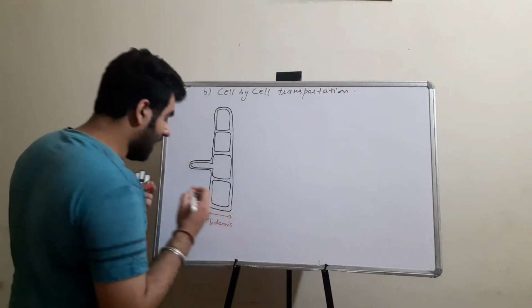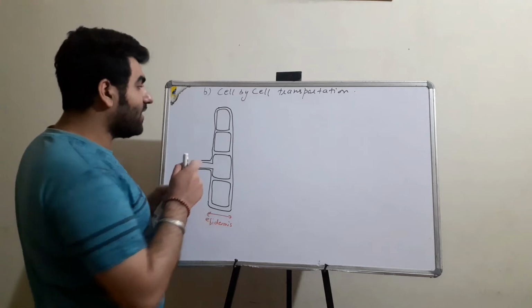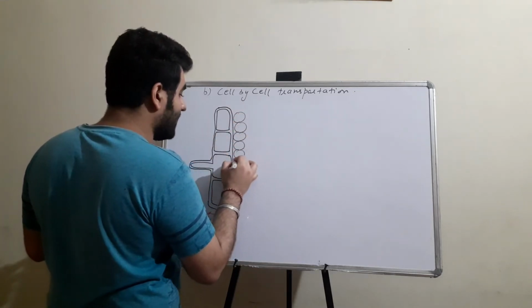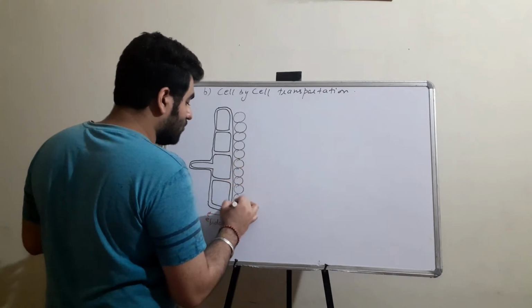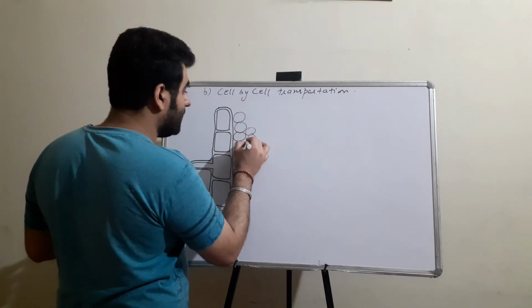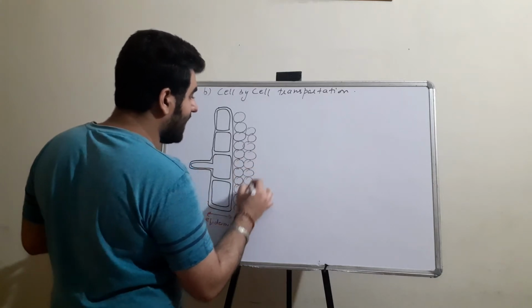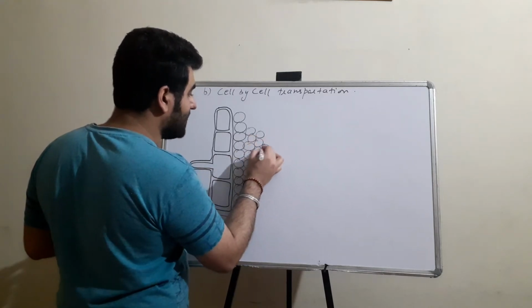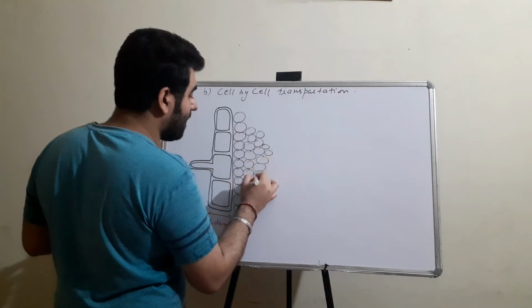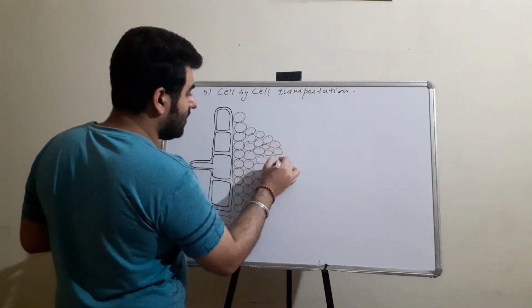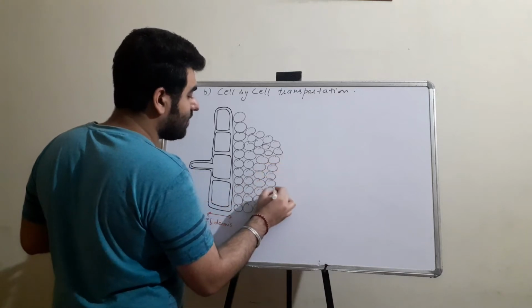So this layer is the epidermis. Now the layer next to it is the cortical layer, or it is known as the cortical cells. So these are all the cortical cells, and the layer altogether is known as the cortex. So these are many cells like this.